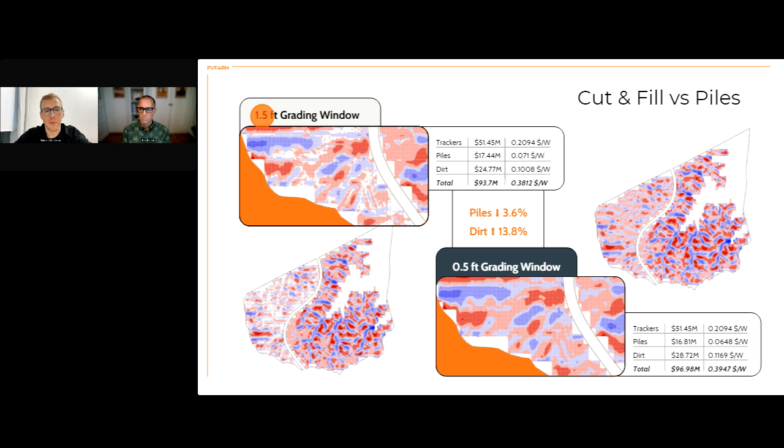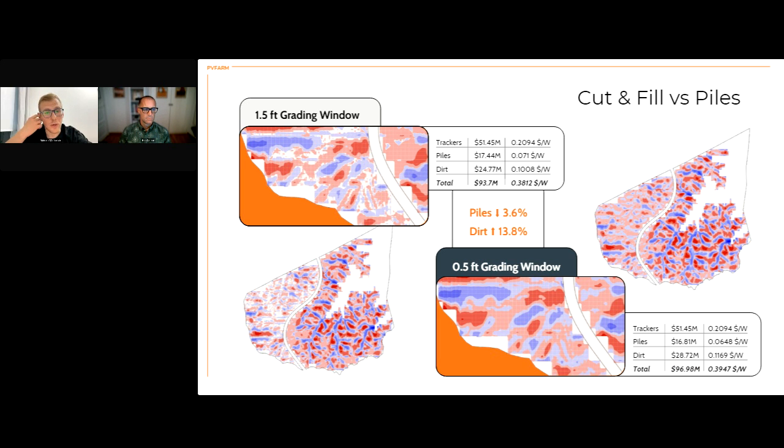So let's say here we have two options, a 1.5 feet grading window for our project, and we can run different analyses for different grading windows. For example, our project gave us 93.7 million with the 1.5 grading window, and then the 0.5 grading window gave us almost 97 million cost, right?